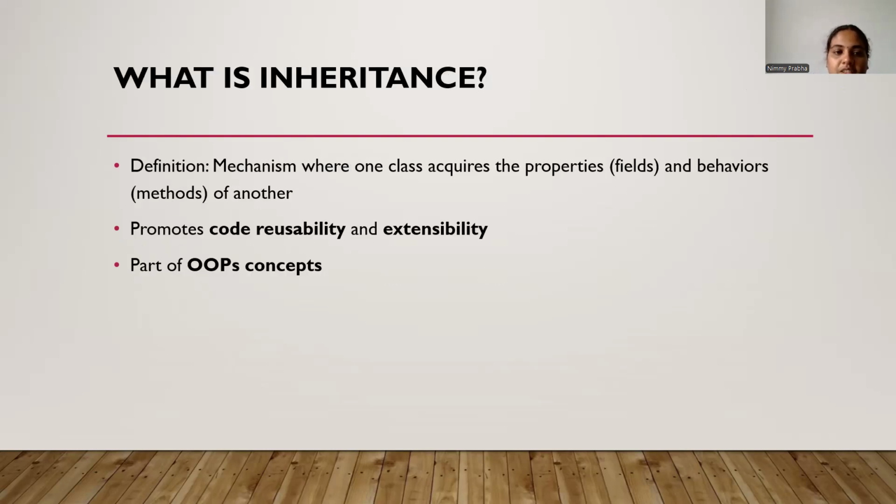Inheritance is a mechanism where one class acquires the properties and behavior of another. That promotes code reusability and extensibility. Inheritance is the main part of the OOPS concept.